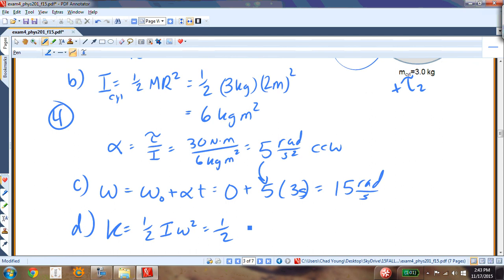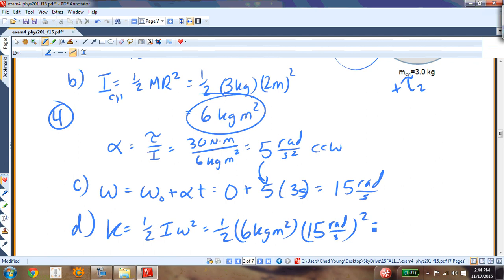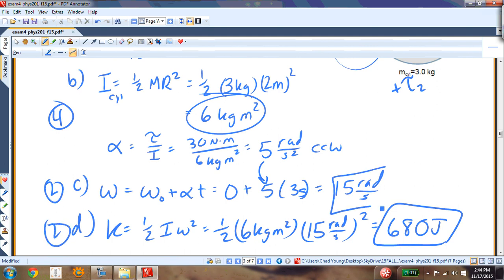That's 1/2 of I, which is 6, that's this value up here, times omega, 15. And that gives me 675, or 680 joules. So that's the right answer. This was 2 points, this was 2 points. These are my answers.